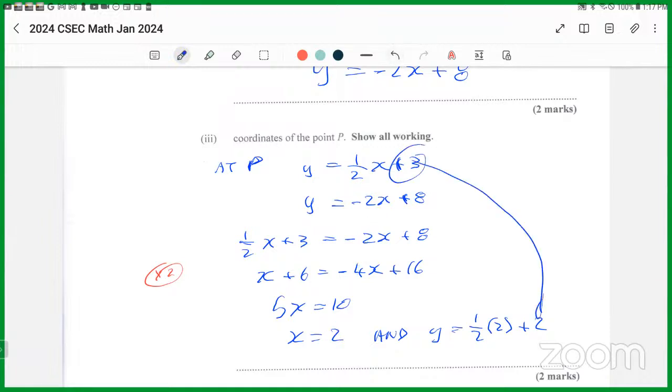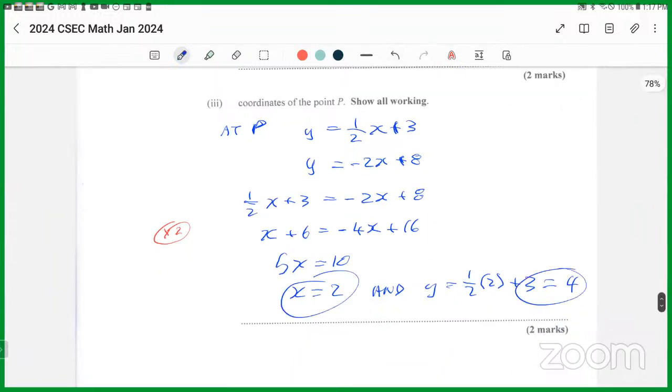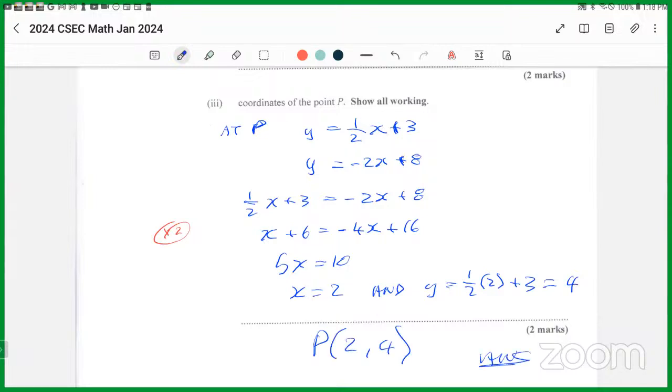So that's a 1 plus 3, which is 4. I can put it in the other equation instead: minus 2 times 2 plus 8, which is minus 4 plus 8, which is still 4. So x is 2 and y is 4. P is the point (2, 4). That's the answer right there.